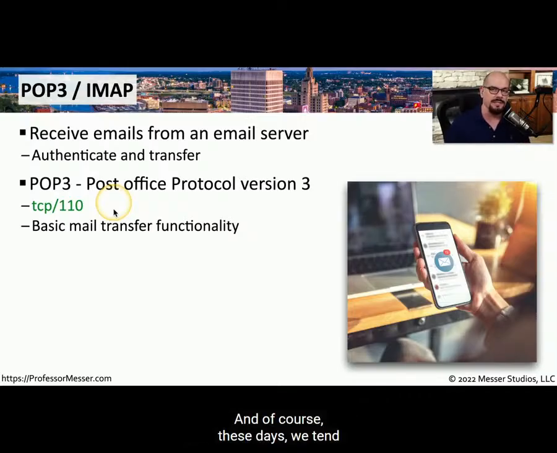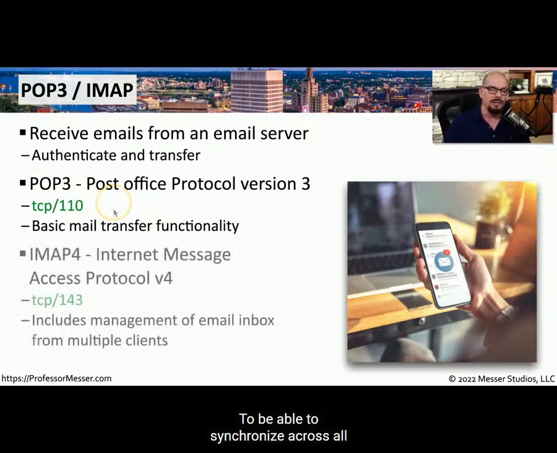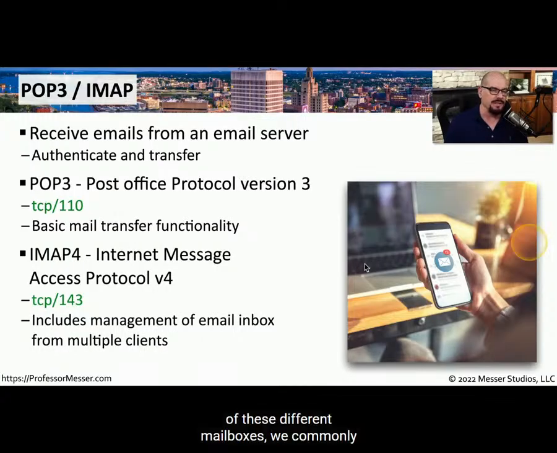And of course, these days, we tend to walk around with many different mobile devices all accessing the same email inbox. To be able to synchronize across all of these different mailboxes, we commonly use IMAP 4, or the Internet Message Access Protocol version 4. IMAP commonly uses TCP port 143 to be able to download and manage that mailbox.